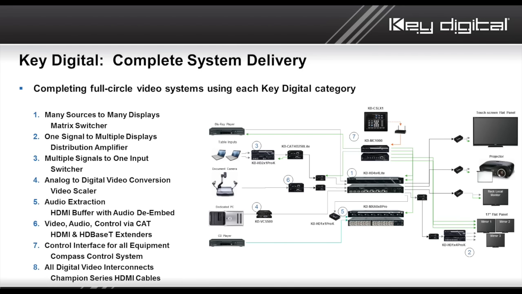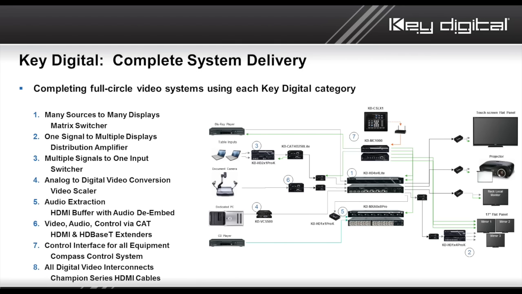Audio extraction. You're going to be introduced today to a few extenders which feature audio de-embed, we call it, audio de-embed. And it's really important. Why? Because a lot of times you in the field only have an HDMI port to work with. However, you need to break analog or digital audio out of that, and you need an audio de-embed feature to do so.